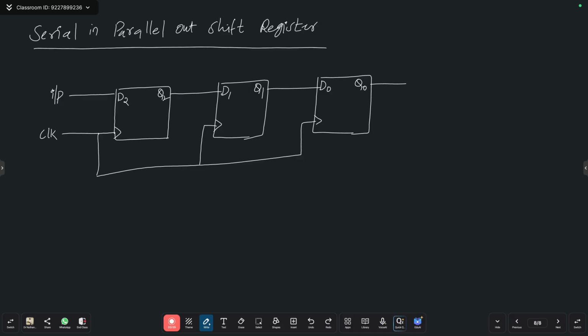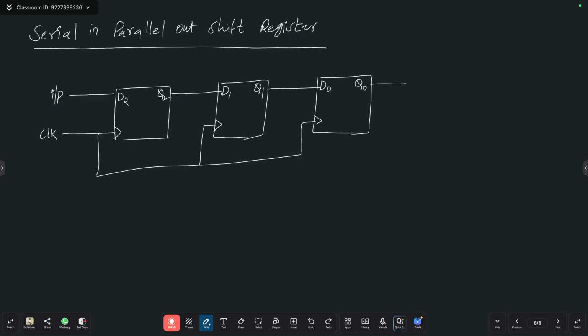So that is why here we are going to use D flip-flops. Because here in this case we are just transferring the data, we are not performing any operation. That is why Q n plus 1 equals D, I told you.